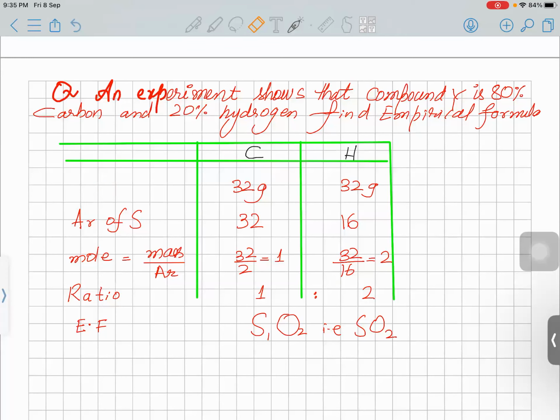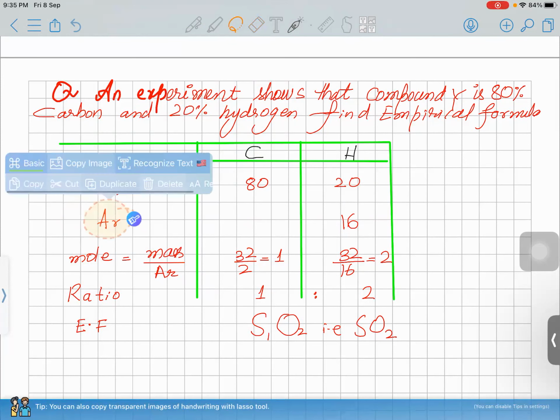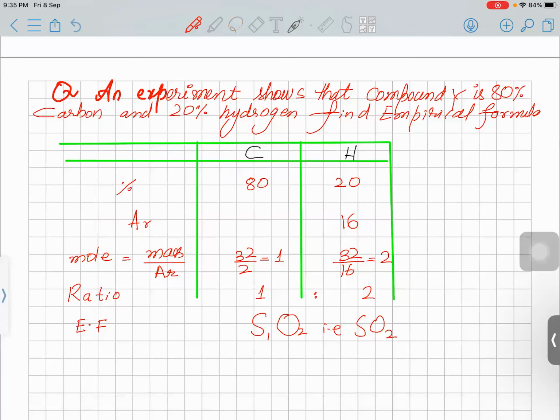So here we have percentages. Carbon 80%, hydrogen 20%. So AR of carbon, can you tell me AR of carbon? 12, sir. 12. And AR of hydrogen? Sir, 1.